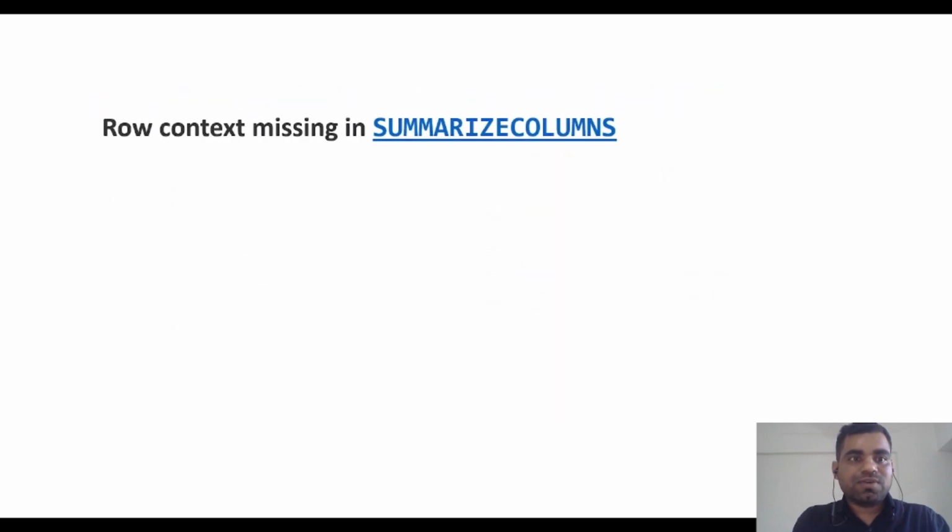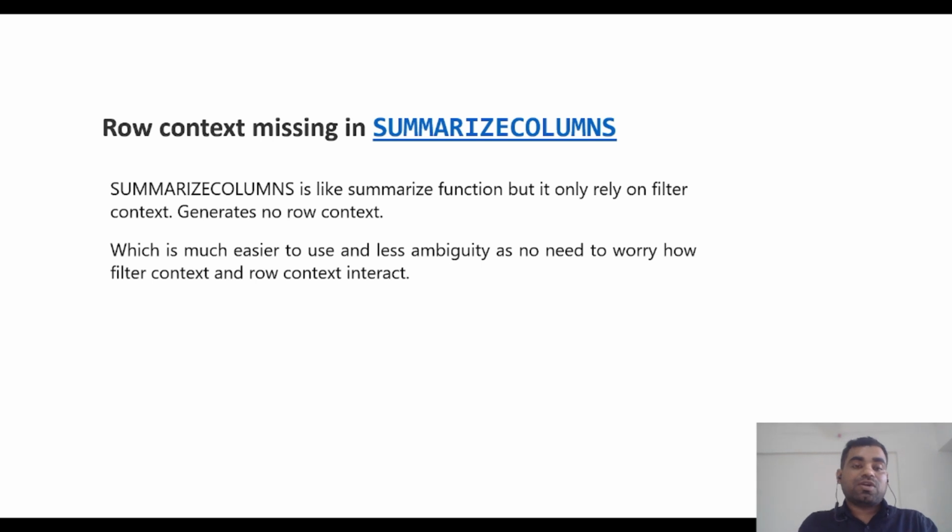Okay, what else do we have? Row context is missing. What do I mean by row context is missing? Basically, SUMMARIZE can work in both filter context and row context. I have explained that in the SUMMARIZE DAX video. As it works in both row and filter context, there is an ambiguity during context transition.